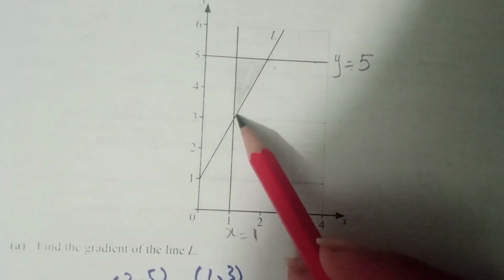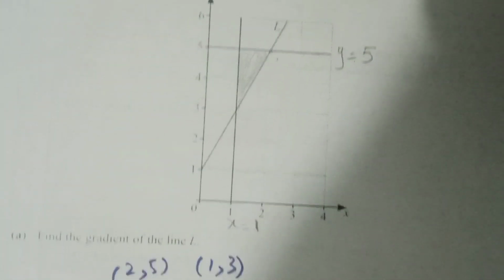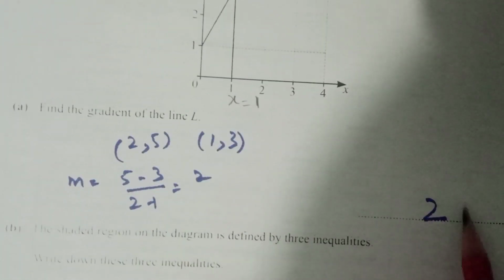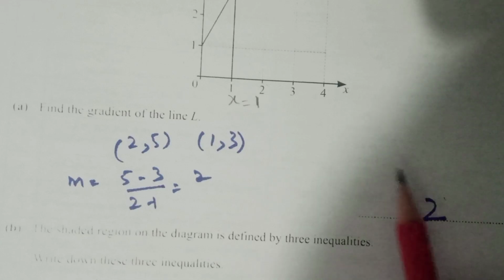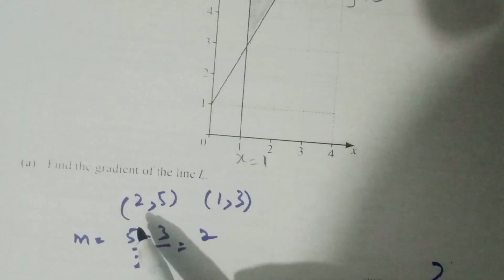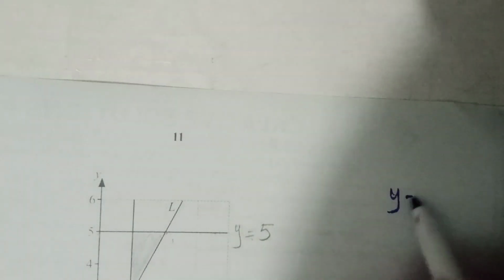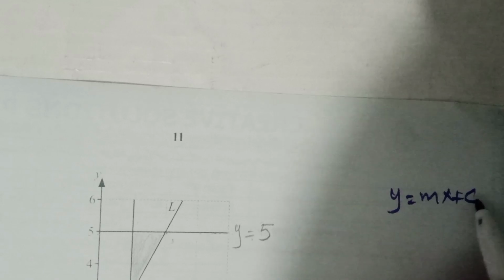First we have to find the equation of the line L. We already found its gradient. Now we find the value of c. Take any point, 2 and 5, and put it in the equation y equals mx plus c.